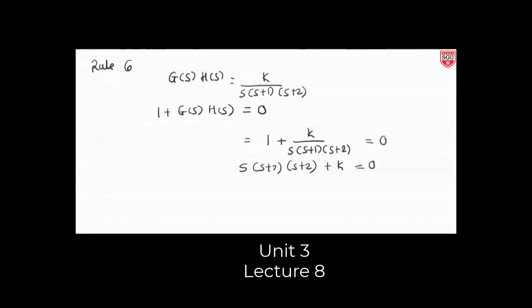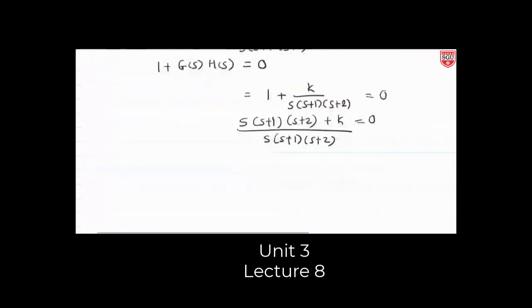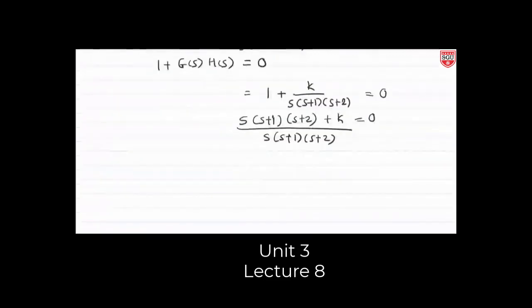What we have done is just made the cross multiplication, and the denominator, s plus 1, s plus 2, gets cancelled with 0. So the equation is s into s plus 1, s plus 2 plus k is equal to 0.